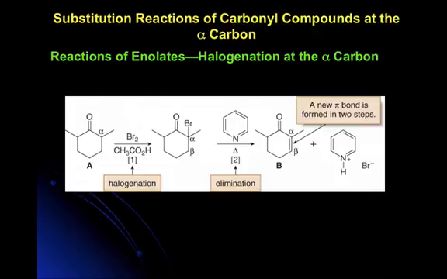This is probably one of the main reasons why people do the halogenation at the alpha carbon, is to introduce an alkene that is in conjugation with the ketone or the aldehyde. Okay? It's a very, very easy reaction to do. You just need bromine, acetic acid, and then pyridine to do the elimination reaction.